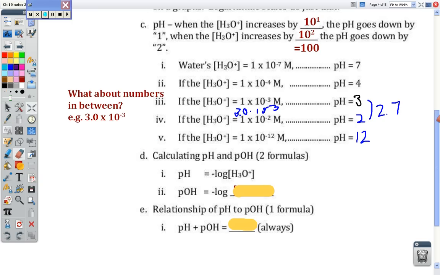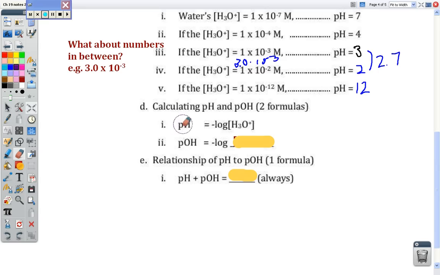Okay, so here's how we calculate pH and pOH. The pH is the negative log of the hydronium concentration. To do this, you will need a scientific calculator. If you do not have a scientific calculator, you don't need to do this. For the STAR test, you don't need to do it. You'll need to know pH, but you won't need to know in between numbers.